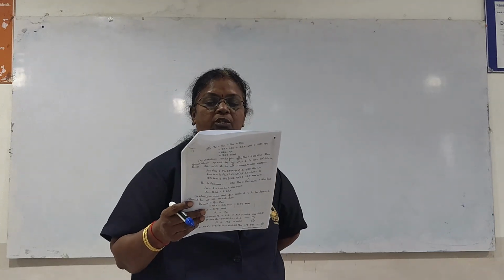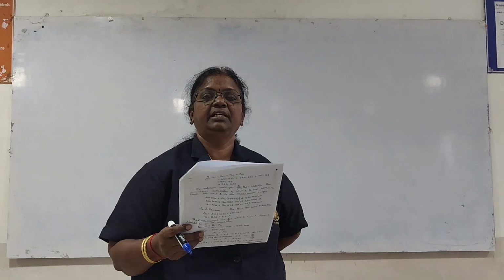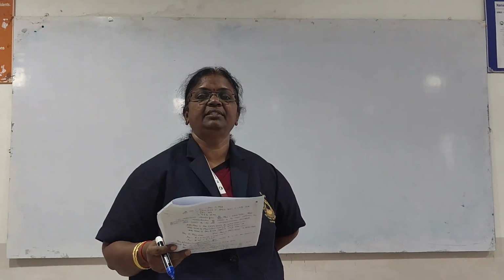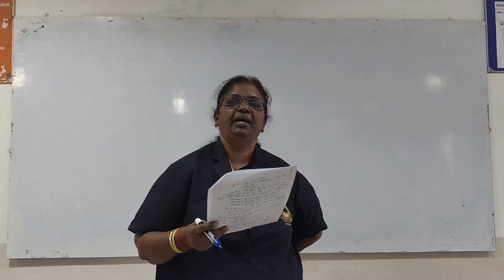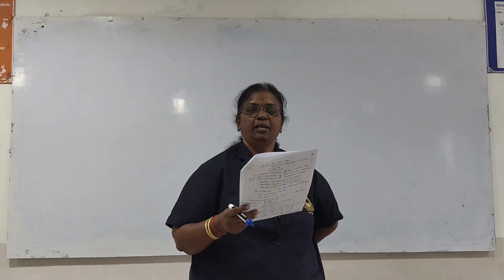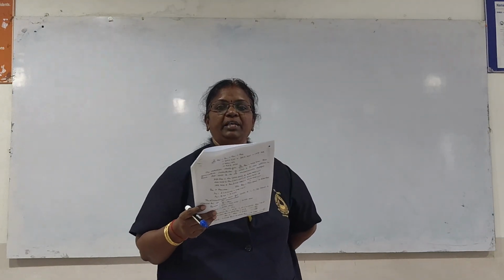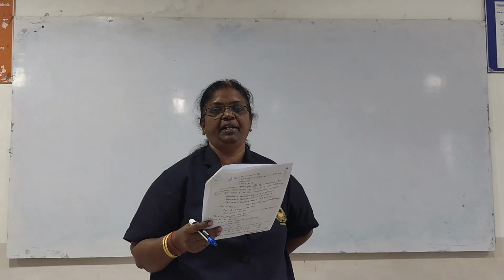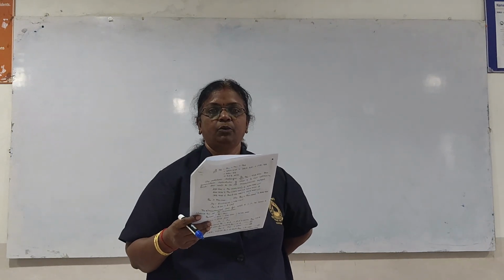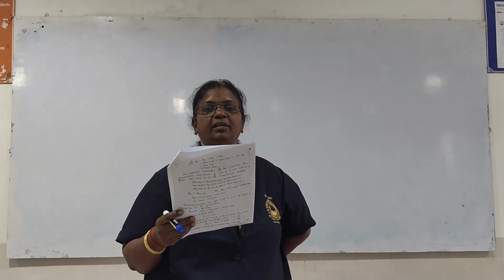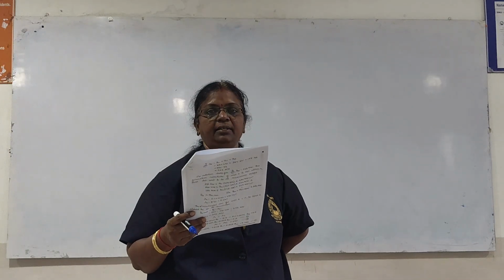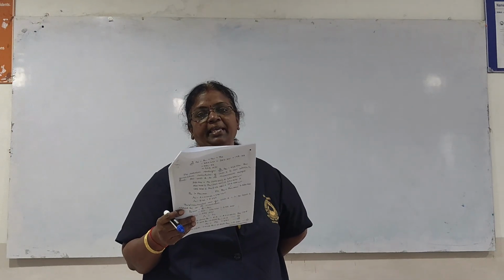Okay. So how to solve this problem? The procedure is we have to calculate lambda first. What is the formula for lambda? Lambda equals PD plus sigma i equals 1 to n of Bi by 2ai, divided by sigma i equals 1 to n of 1 by 2ai.